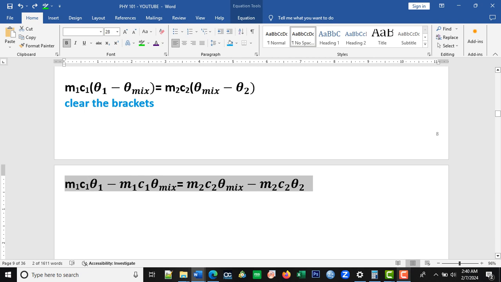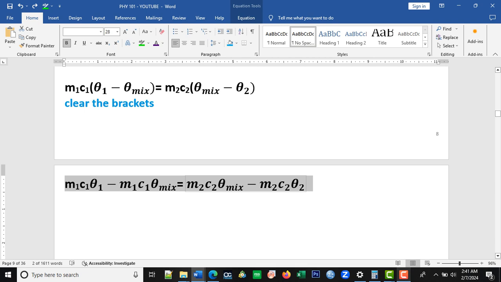We are done with that one. Equals to, the same thing is applied here, M2 C2 times θ mix will give us M2 C2 θ mix minus, you now look at this, M2 C2 times minus θ2 will now give us M2 C2 times θ2.